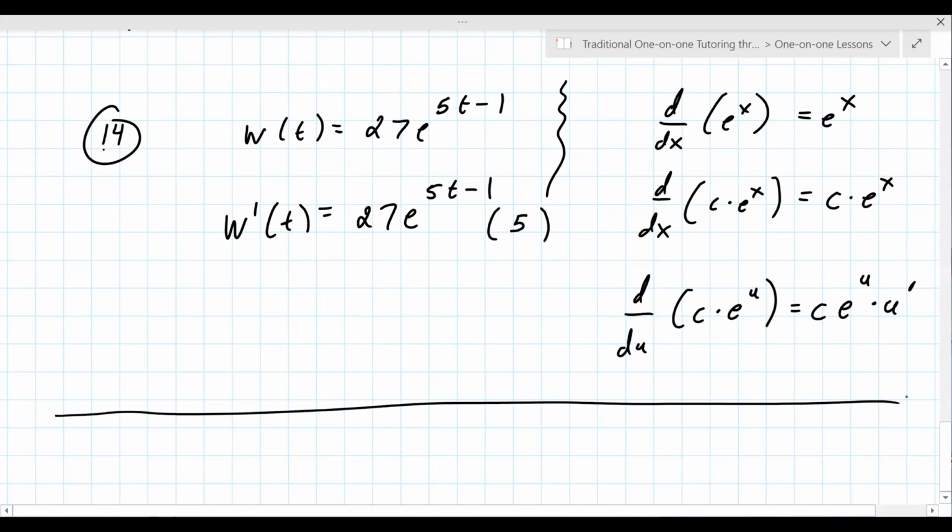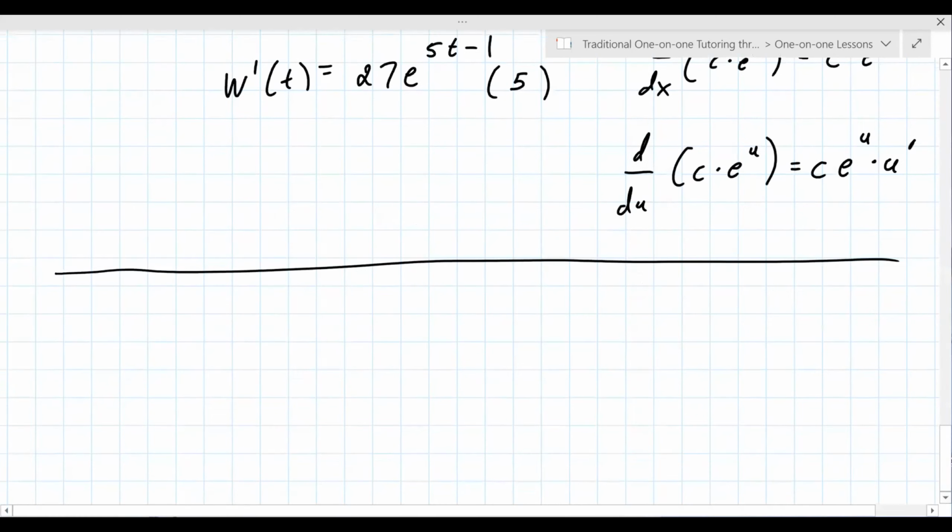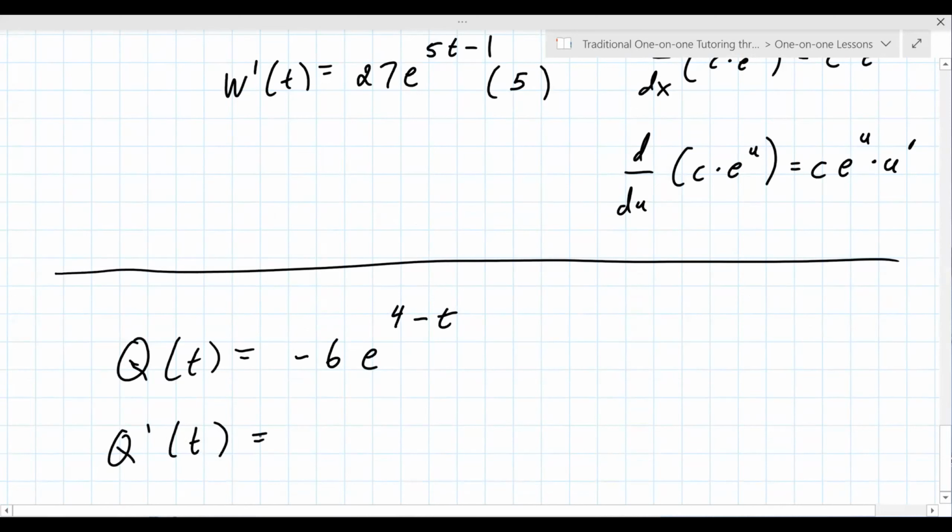Like number 6, or number 8? Let me give you one like this, if that's okay. That's just fine. I'll have you try on your own here. Q of t equals -6 e to the 4 minus t, and I want q prime of t.